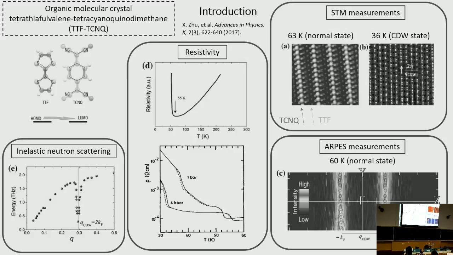And indeed, this occurs in nature. If you see, for instance, some organic materials like this one, where you have basically two quasi-one-dimensional chains weakly coupled to each other, based on many different measurements like STM you can see the real-space modulation of charge.